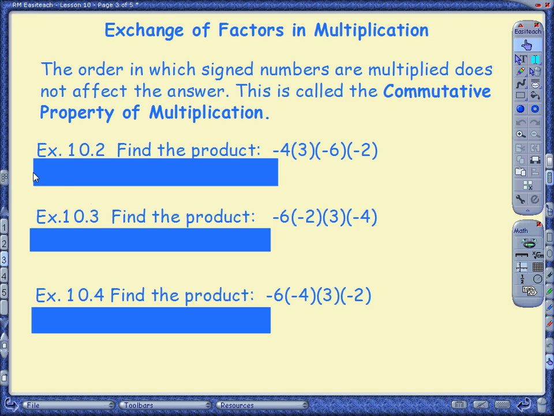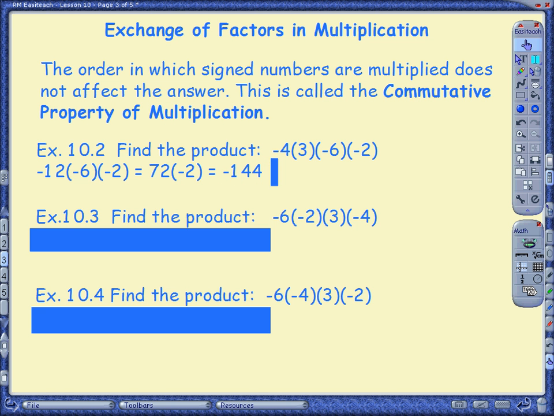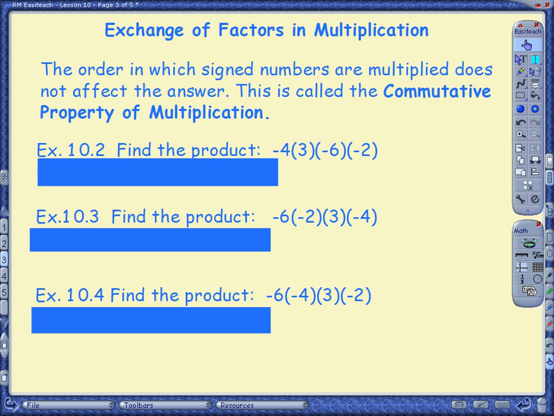Negative 4 times 3 would give us negative 12. Negative 12 times negative 6 would give us positive 72, because it's a negative times a negative. And then 72 times negative 2 gives us negative 144.